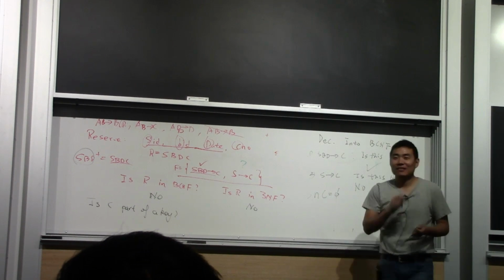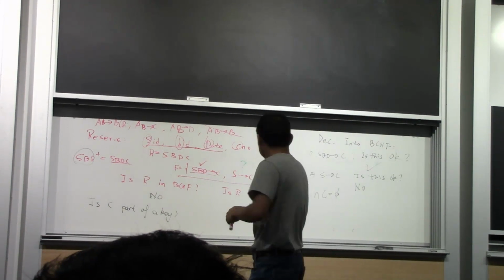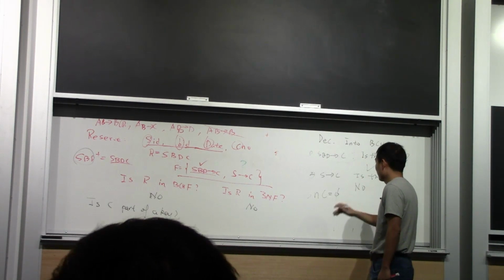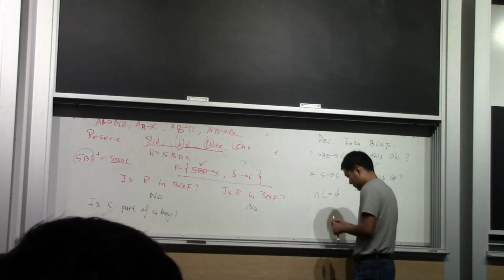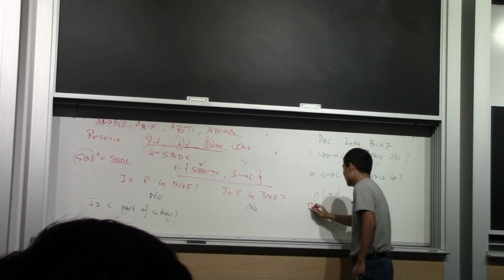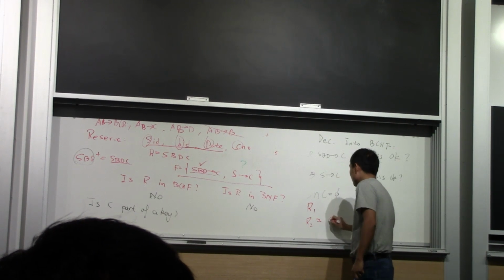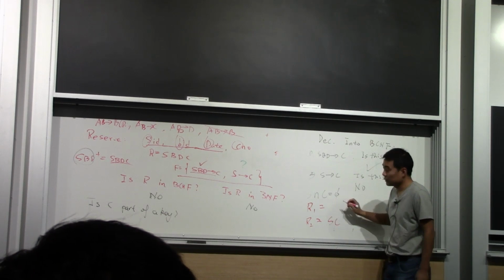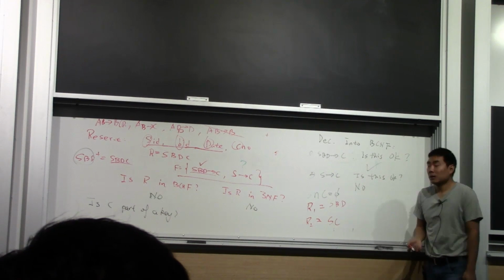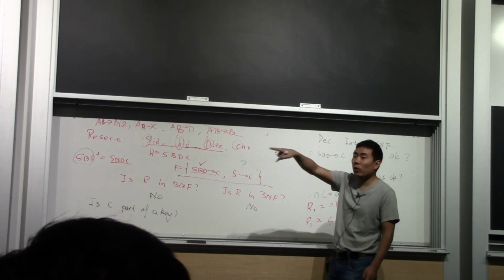Let's move on. I think that you would take C from R, and then construct another R with S and C. So your R2 is S and C. What's your R1? It is SBD. That's it. Why? It's a straightforward application of this.